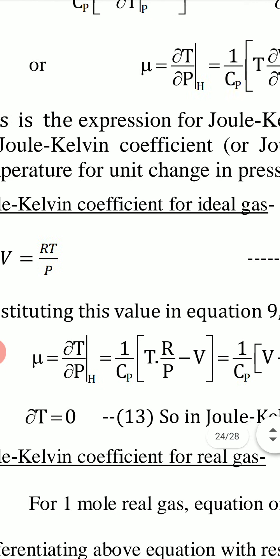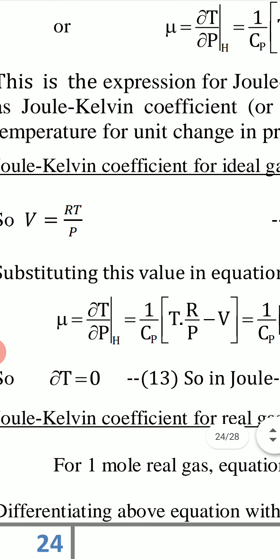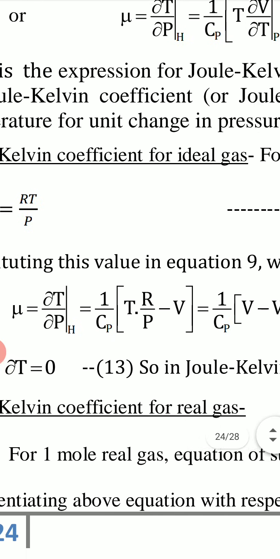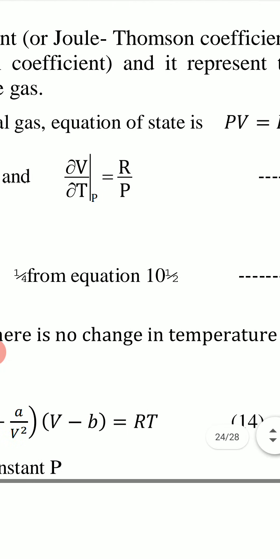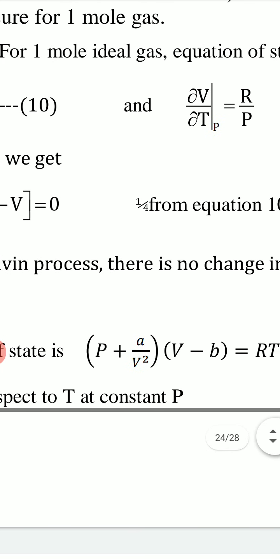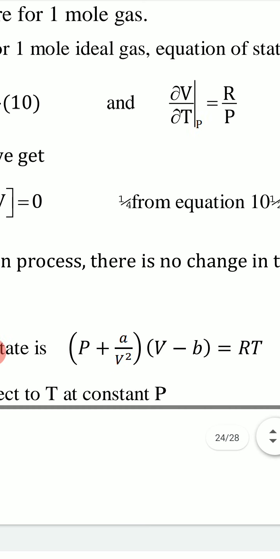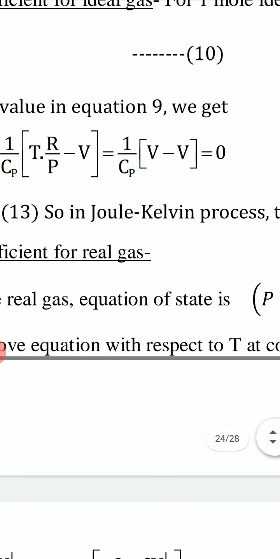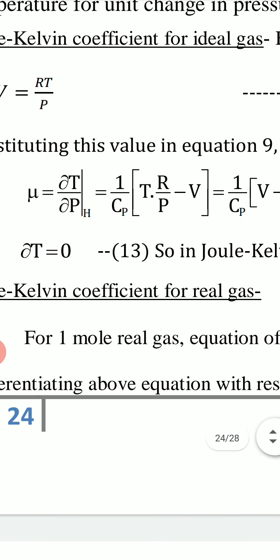So if P is constant, then (∂V/∂T) will become R upon P. If we put this value, then Joule Kelvin coefficient mu becomes (∂T/∂P) equal to 1/Cp into [T into R/P minus V].